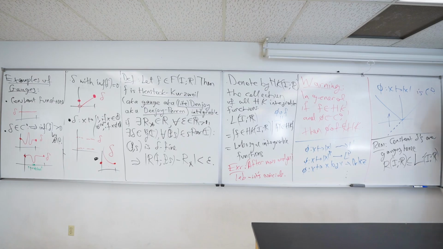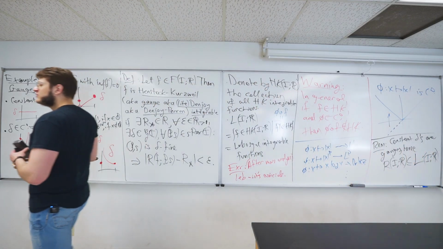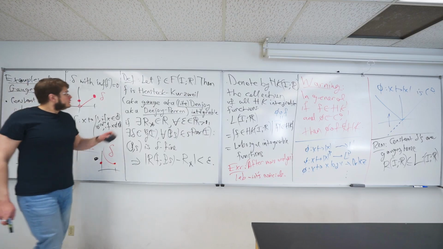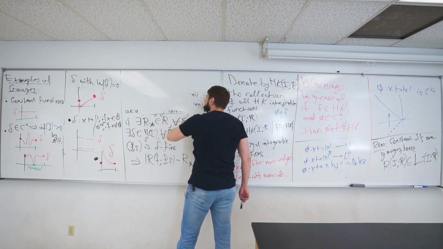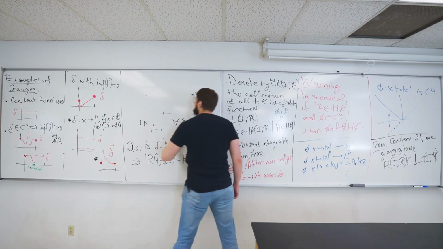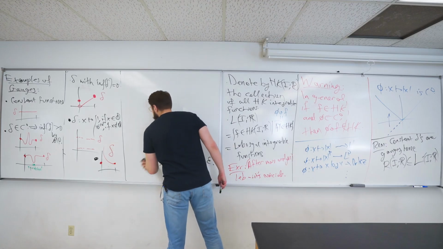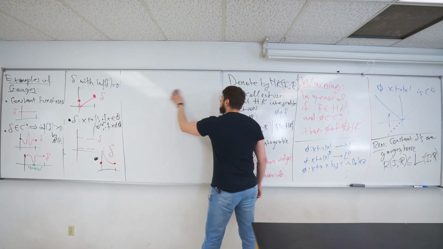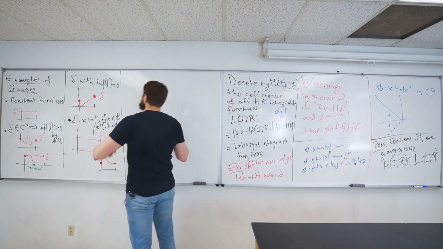But ultimately, it turns out that it is essentially equivalent to the nested interval property, and probably that's going to show up in the next problem set. So we did examples of gauges. Let's do examples of delta-fine partitions.